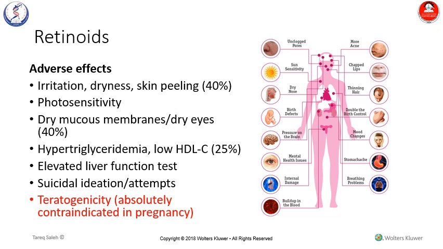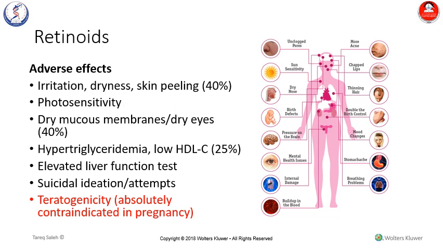The adverse effects of retinoids can be even more severe, to include suicidal ideation or suicidal attempts, amongst other psychiatric symptoms that patients on retinoids can develop, although these psychiatric complications are usually more associated with the use of oral or systemic isotretinoin.